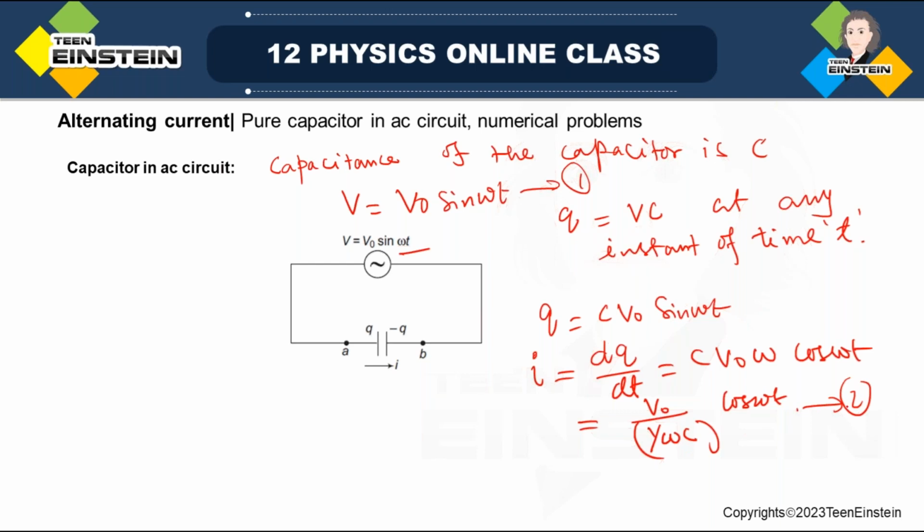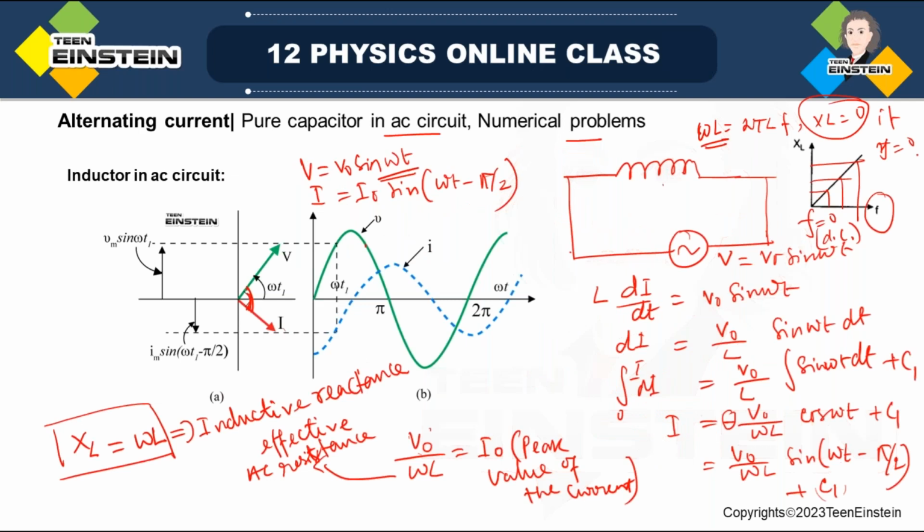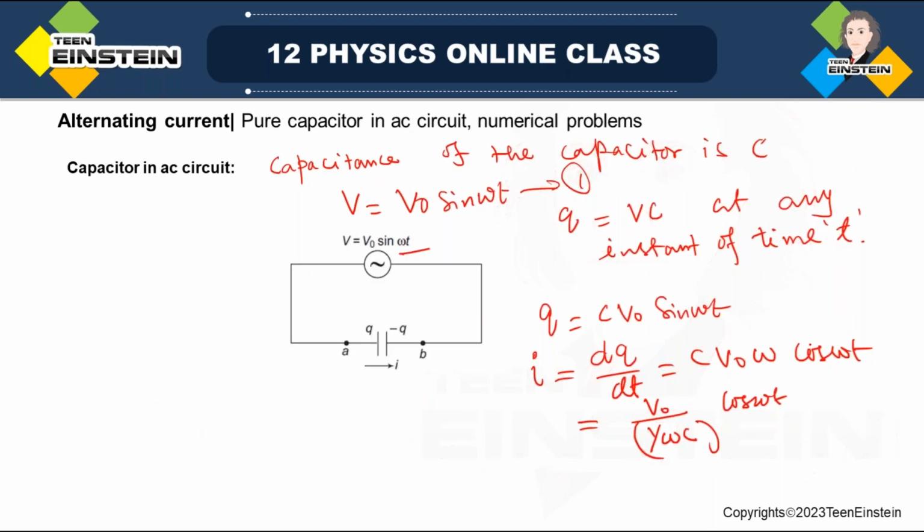So let us write it in a slightly modified way: cos omega t as sin of omega t plus pi by 2, with 1 over omega c.